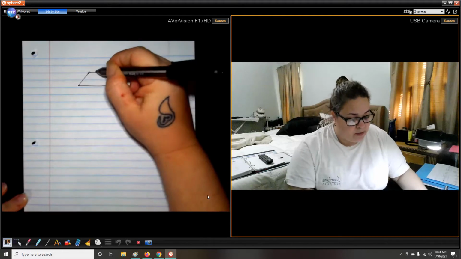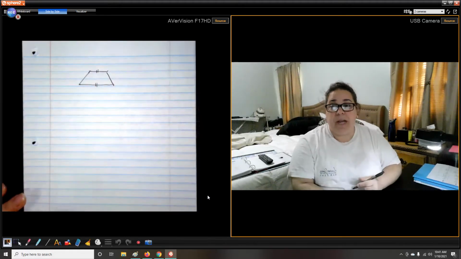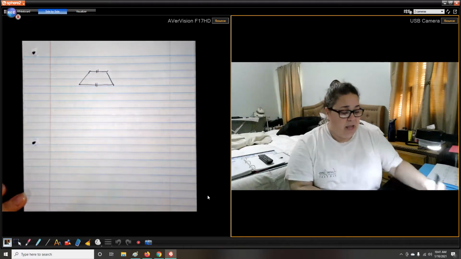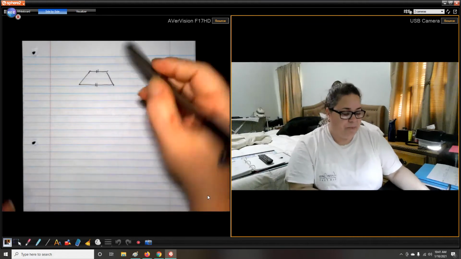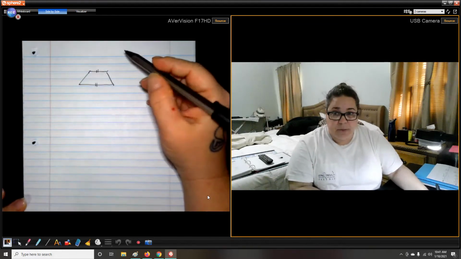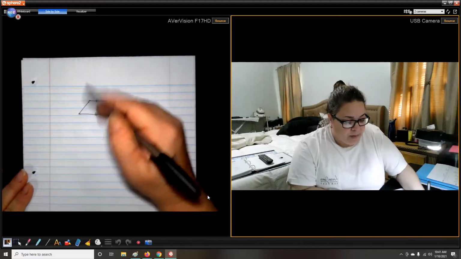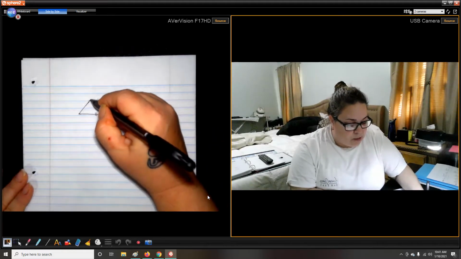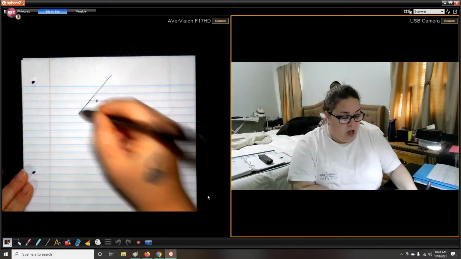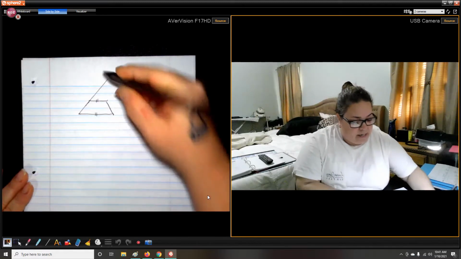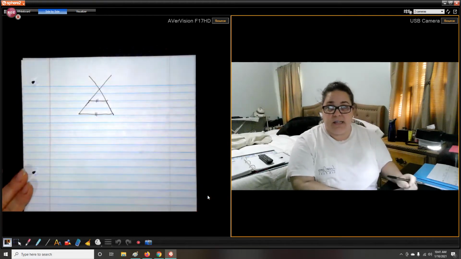And the two parallel lines in this one are this and this. Okay, those are parallel, and that's what those two little dashes mean. They're parallel lines. And to prove this, I just want to show you something. If I take this line right here and I continue going on and on, and then I take the opposite line right here and I continue going on and on, it crosses, doesn't it?